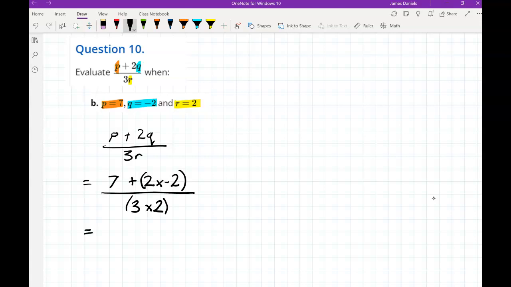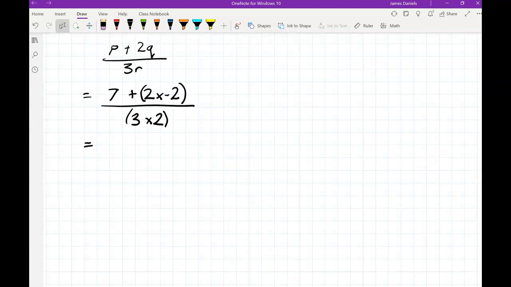I'm going to do some calculations here with my brackets, which give me 7 plus minus 4 over 6. We talked about in the example that if you end up with a plus and minus next to each other, it's going to be minus. So this is actually 7 minus 4. You can check that on your calculator if you're unsure. So 7 subtract 4 is 3, and that is all over 6.